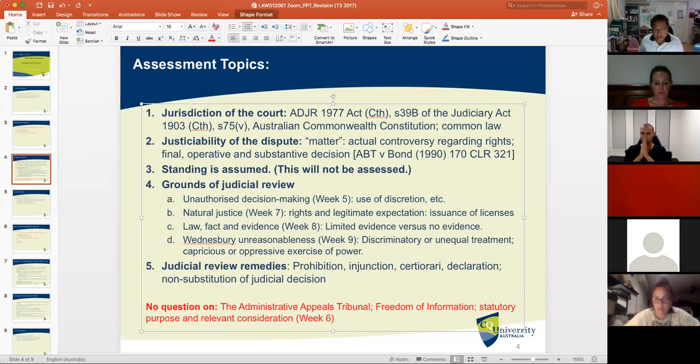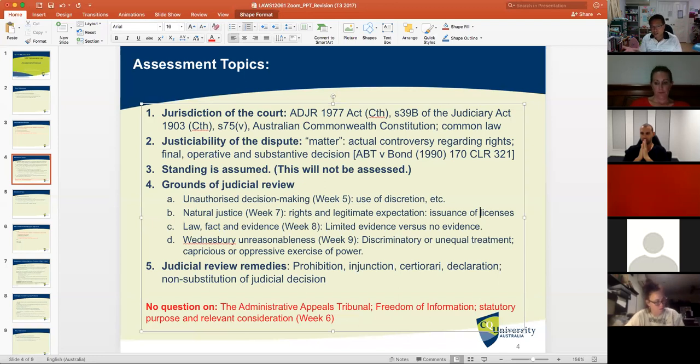The other crucial point is that when you're asked to provide legal advice, you want to know if there's a point in seeking judicial review, because even if you can clearly cite the jurisdiction of the court, even if you know that there's justiciability of the dispute, even if you know that standing is assumed, even if you know that there's a ground for judicial review, the question is: is there an effective remedy that is available? Mainly because, as we said, there are limits to the writs of prohibition, mandamus, or injunction as far as officers of the Commonwealth are concerned.